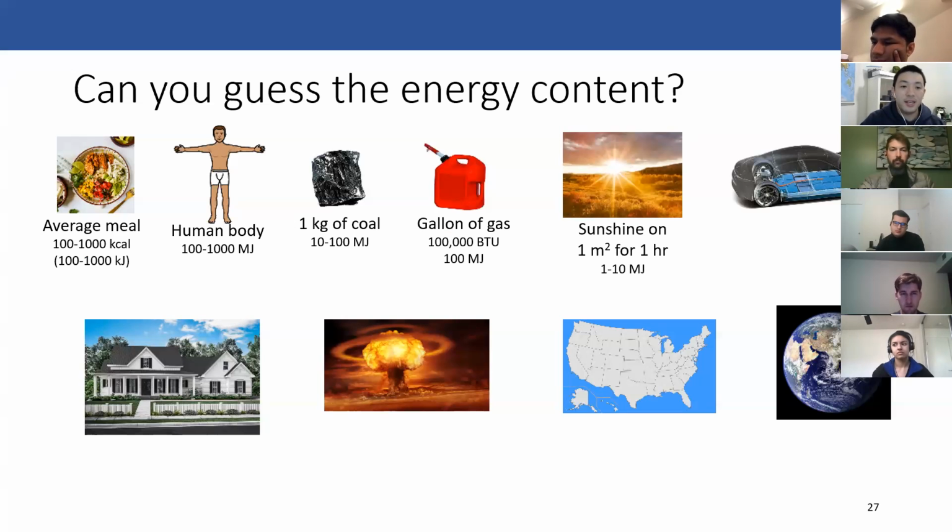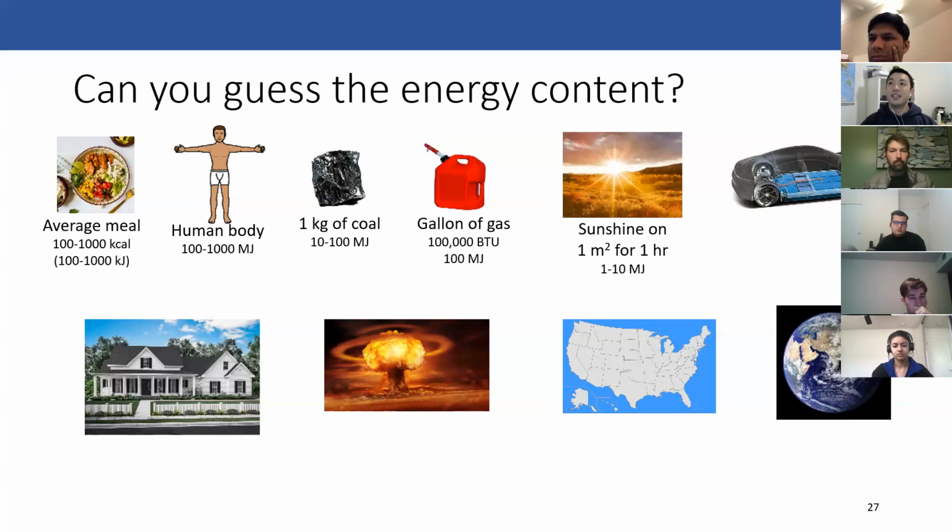Okay, sunshine on a plot of 1 meter squared for 1 hour. This is where I like to point out the difficulty of solar power in fighting incumbent technologies. If I were to collect sunshine for 1 hour, you're getting 10 times less energy than from a small 1 kilogram piece of coal.